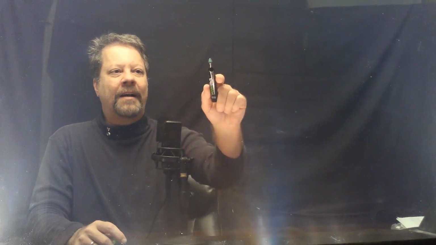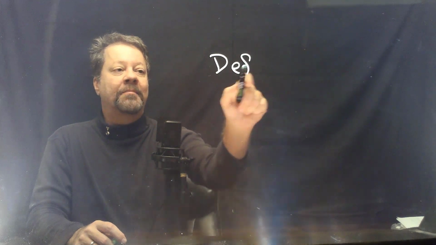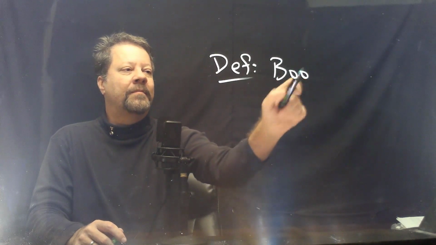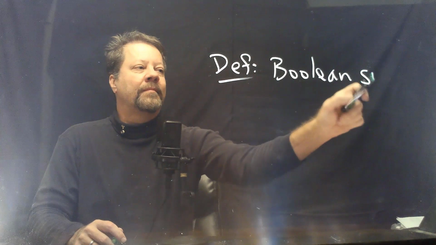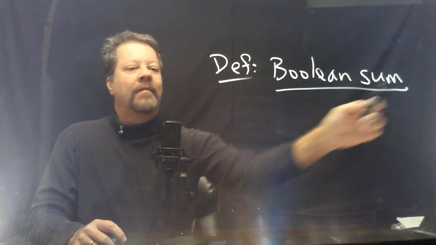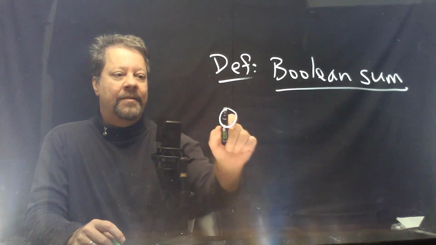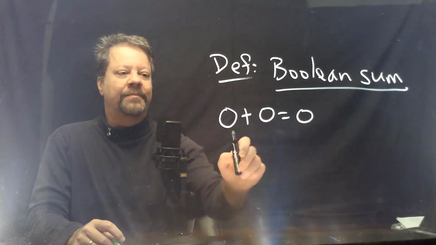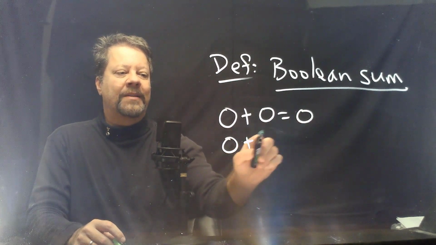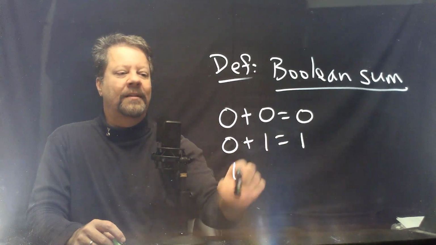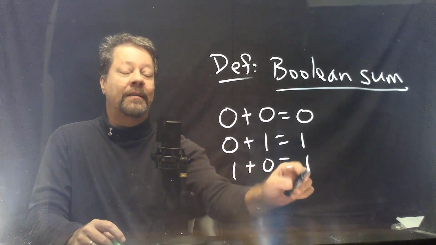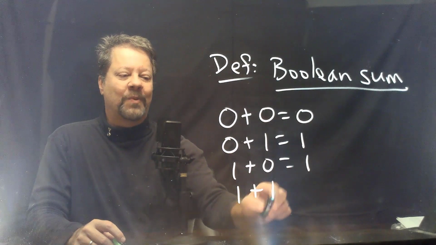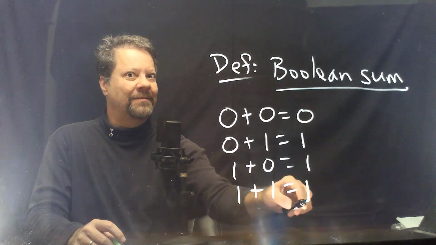We're going to define the Boolean sum by 0 plus 0 is 0. 0 plus 1 is 1. 1 plus 0 is 1, and 1 plus 1 is 1.